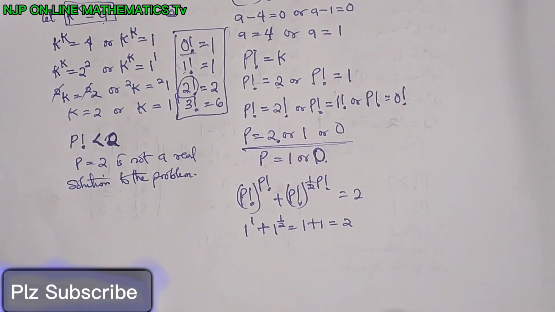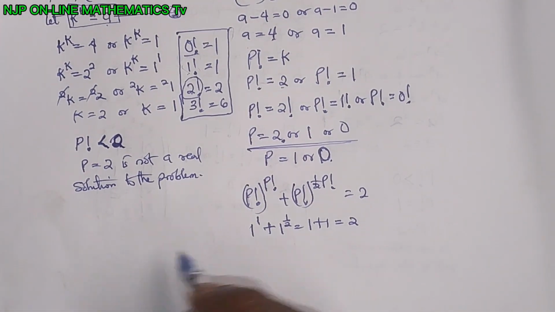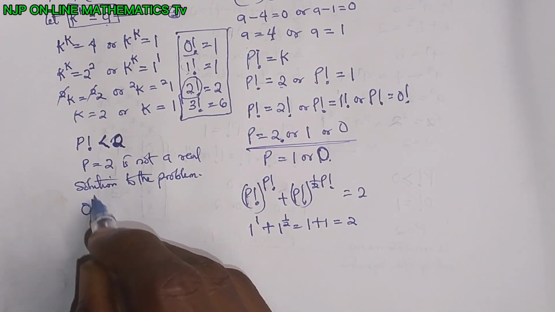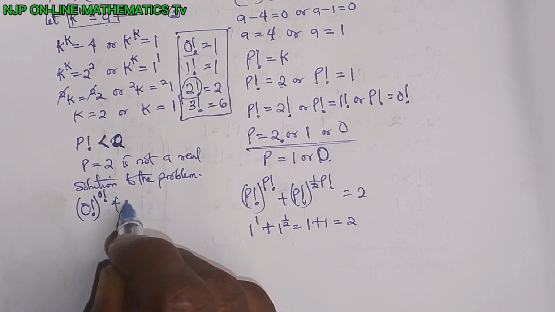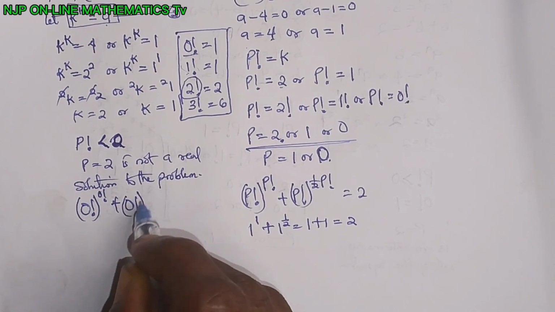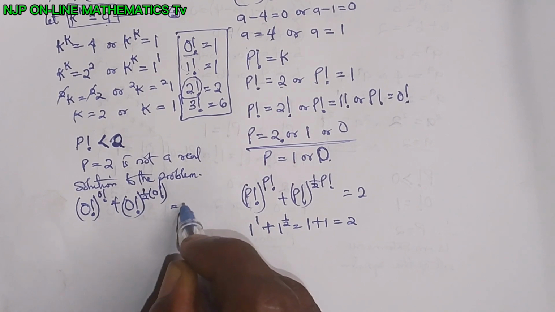So let's check for 0 factorial. We know that 0 factorial to the power 0 factorial plus 0 factorial to the power half 0 factorial equals 2.